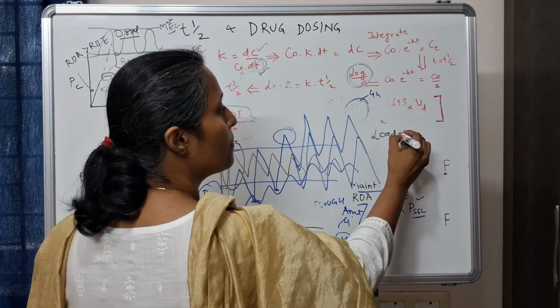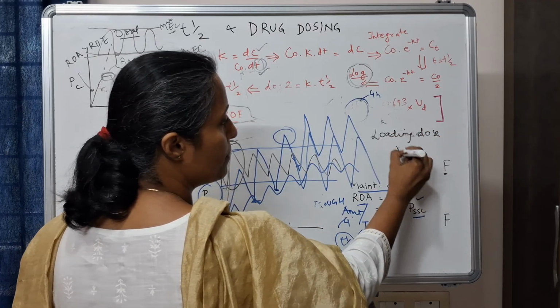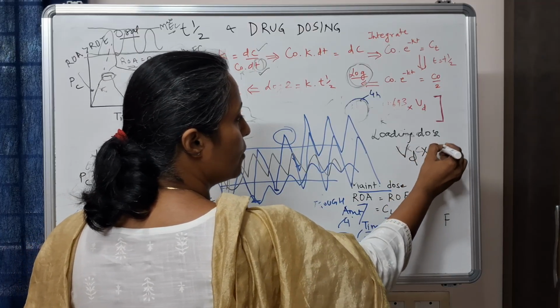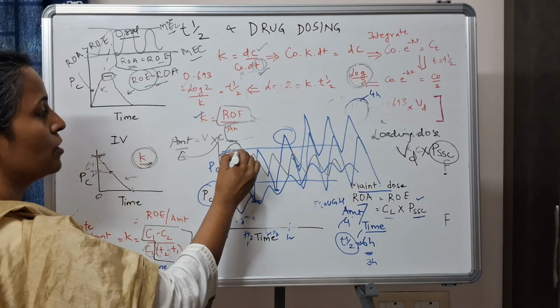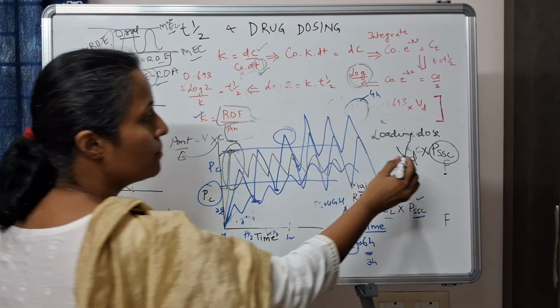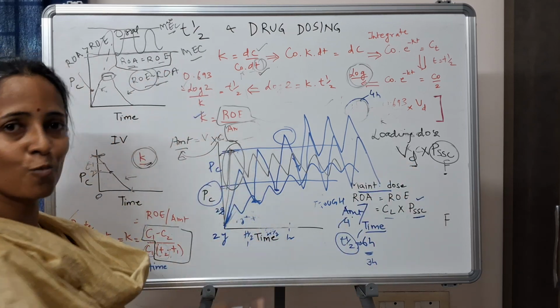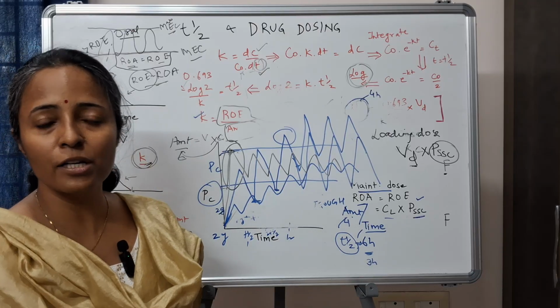Loading dose doesn't depend on clearance. In turn, loading dose depends on the volume of distribution, and then we multiply with the plasma steady state concentration. So whatever concentration we want here, we will multiply it with the volume of distribution, because when you are giving the first dose, what will happen? As the drug enters into the body, it will go into various volumes.